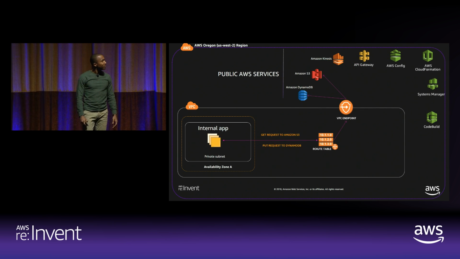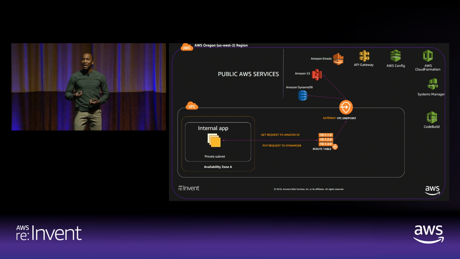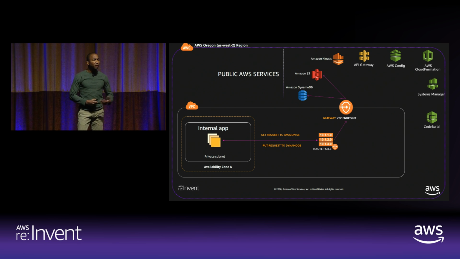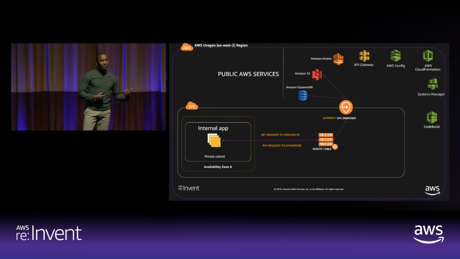Well, today, we provide two types of endpoints. Endpoints were created to give you private access to AWS public resources, which means to access something like Kinesis or API Gateway, you no longer have to go through the internet. You can go through an optimized network path, specifically designed for this kind of interaction.